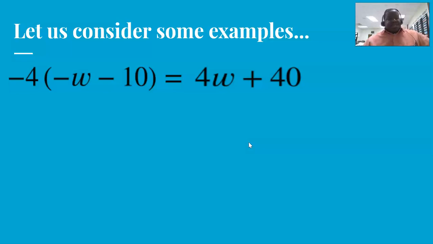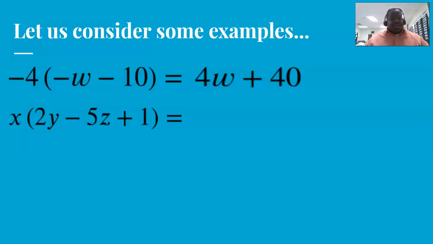All right, so let's look at another example. If I have x parentheses 2y minus 5z plus 1, what is that going to give me? I'm going to have x times 2y, x times negative 5z, x times positive 1. So it doesn't matter how many terms I have in the parentheses, my process is going to be the same each time. So this is 2xy minus 5xz plus x.